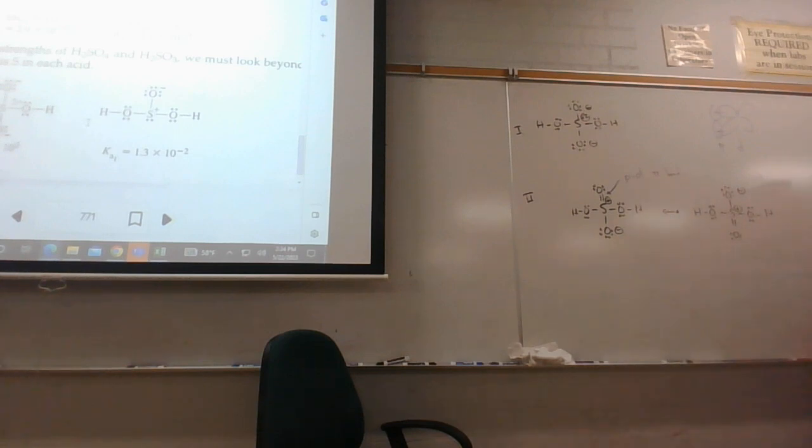But most of the Lewis structures for sulfuric acid are not going to show one double bond. Most of the Lewis structures for sulfuric acid show how many double bonds on sulfur?